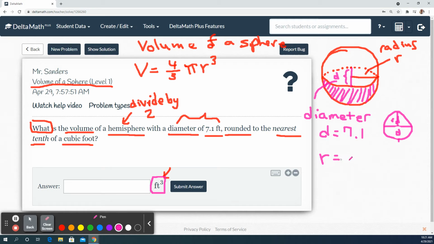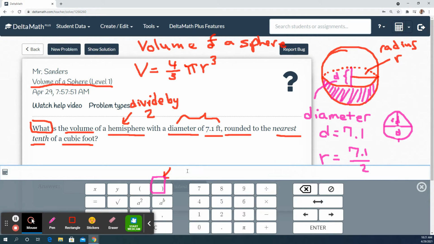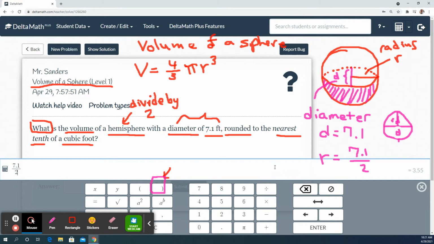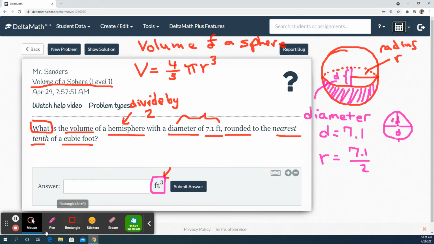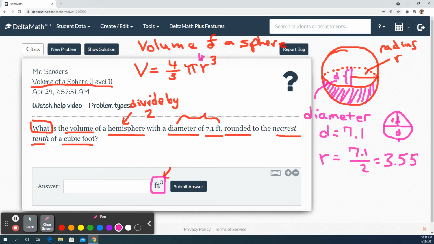So your radius is going to be half of your diameter, so that's 7.1 divided by 2. Let's practice on the calculator. 7.1 divided by 2 equals 3.55. There's our radius, and that's the only thing we need for this volume of a sphere.